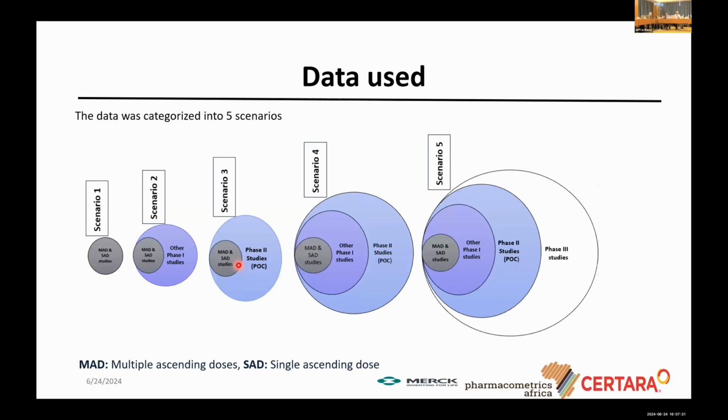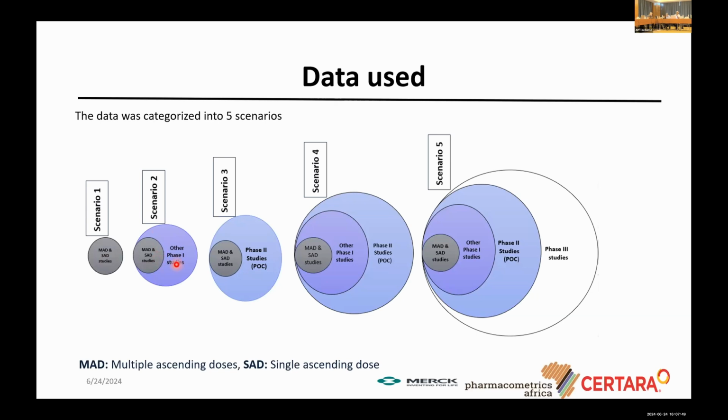The 5 different scenarios are: scenario 1 would be a single study, that is study 1, that will include a multiple ascending and single ascending dose study. For scenario 2, we would combine all the phase 1 data that was highlighted earlier.